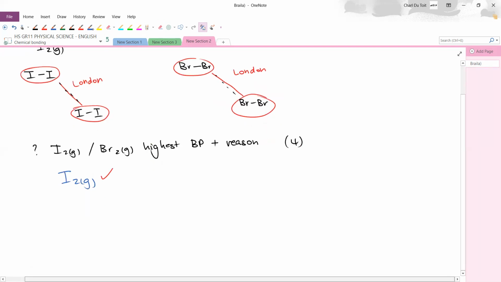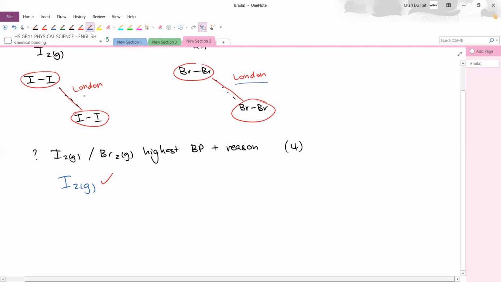Okay, you have to include in your answer the type of intermolecular force. You have to include energy in your answer. And you have to give the reason. So type of intermolecular force, 1 mark. Energy, 1 mark. And then the reason, because of that, a 4th mark.